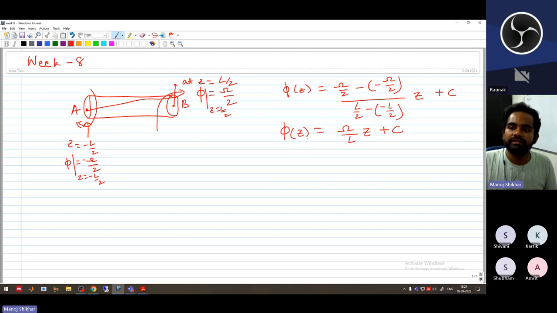Now we can put z equal to minus L by 2 here, and we will get, this is minus omega by 2. Okay. So putting z equal to L by 2 there, what we will get?